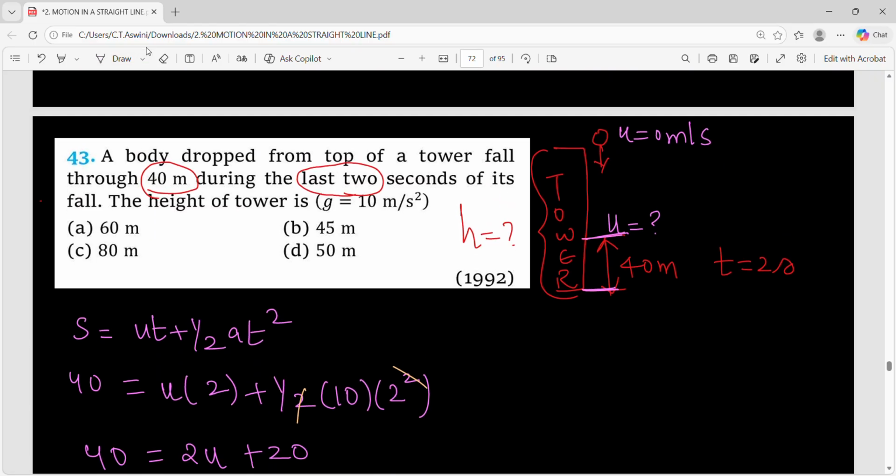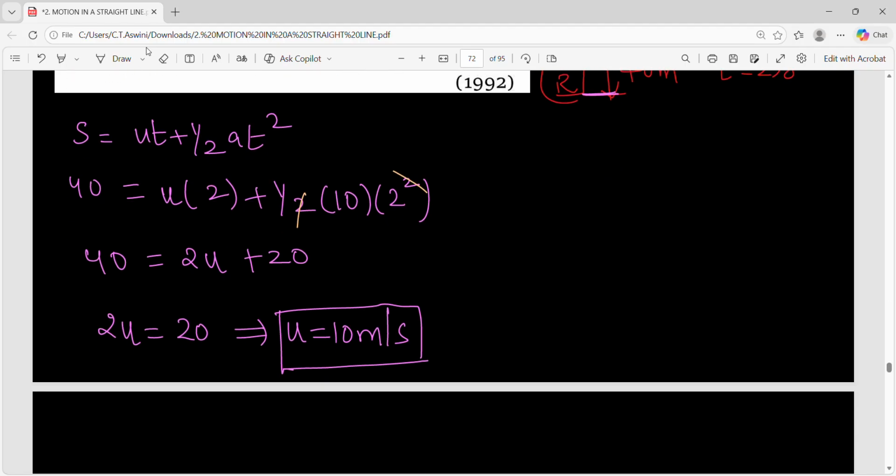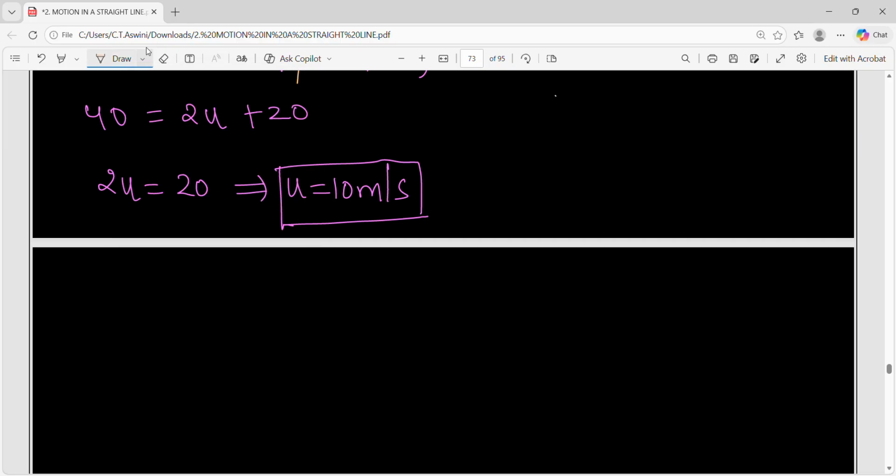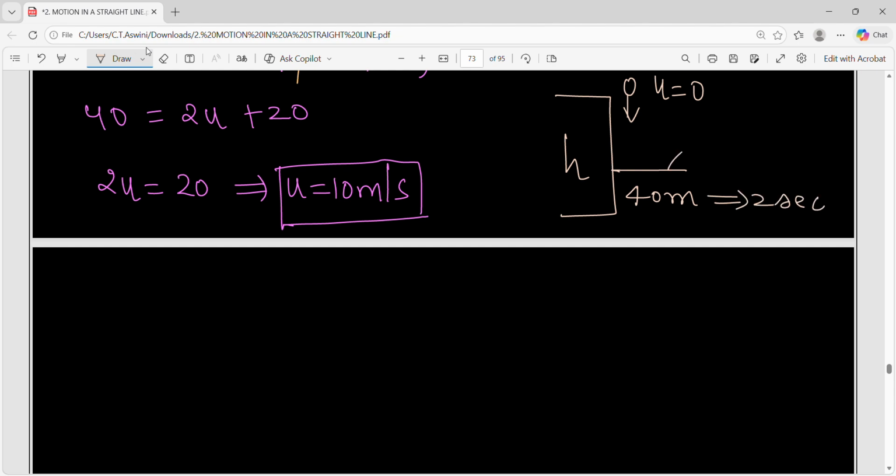Let's go back. Here you got the velocity. Now we'll take the same scenario. This was the height of the tower. Initial velocity 0. It has traveled 40 meters in 2 seconds, and the velocity at this point of time we got is 10 meter per second.